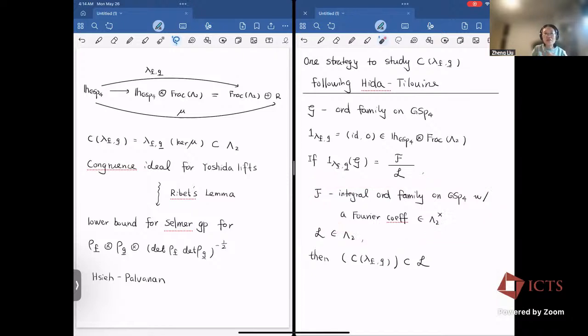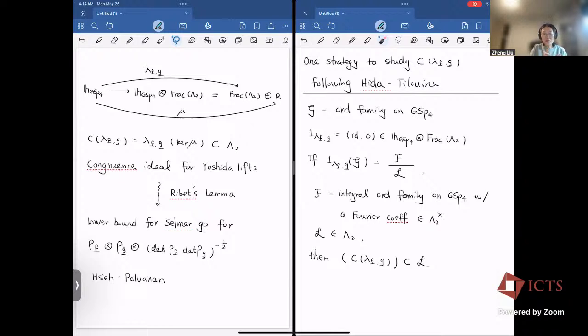So it's a bit different from what was explained in Jack's lectures, where they have some clever argument to show that basically what they want is the numerator and the denominator being coprime. And somehow this is the strategy of Hida and Tilouine's work.